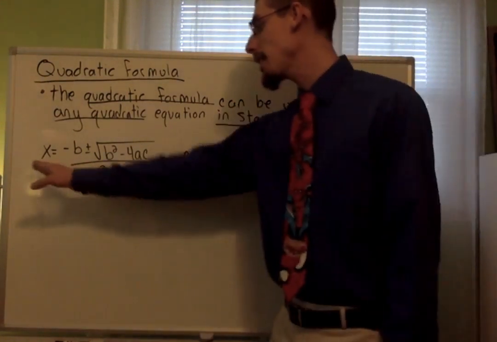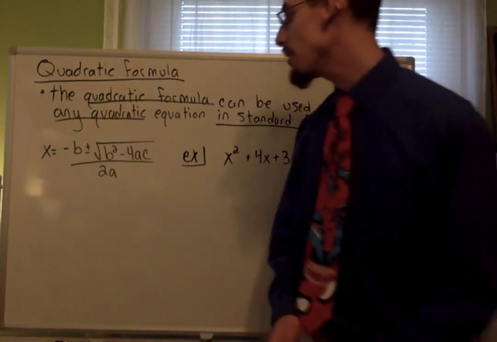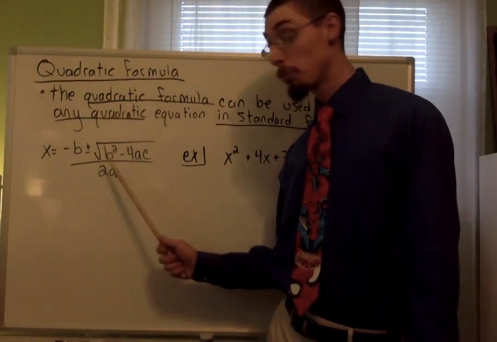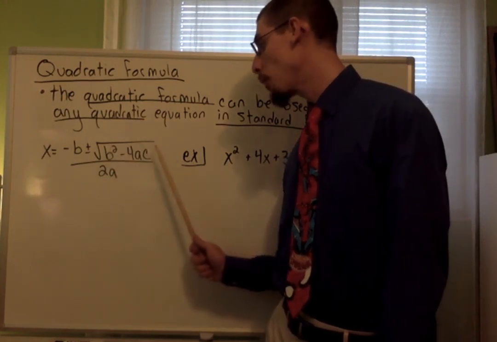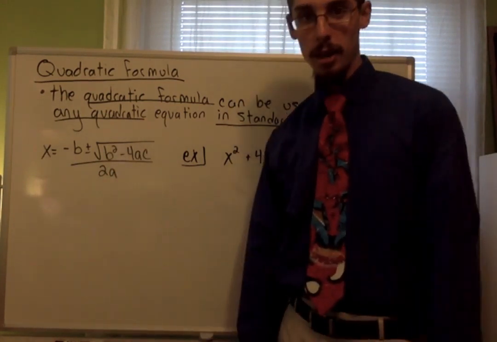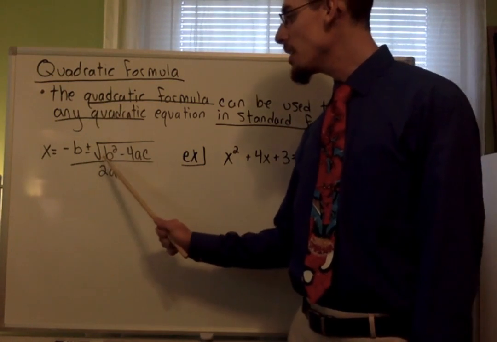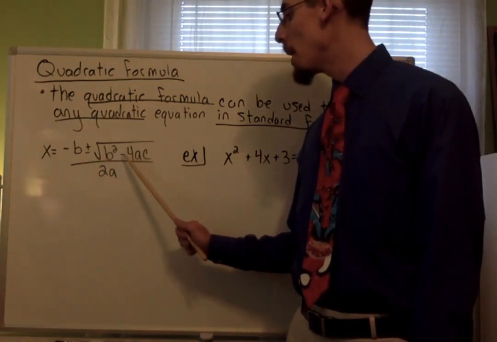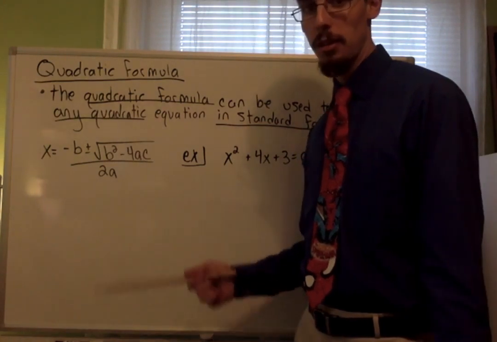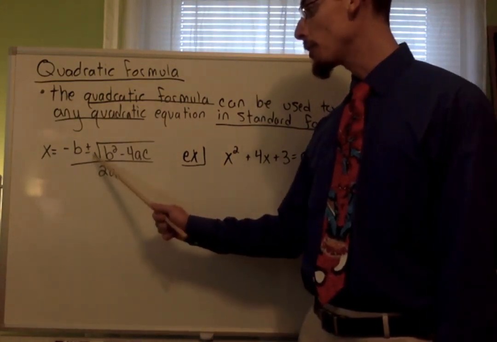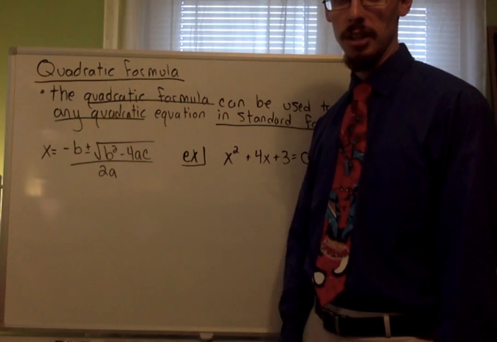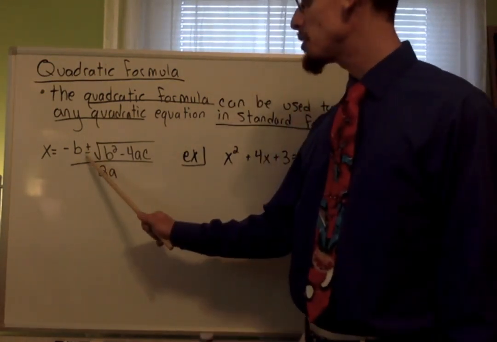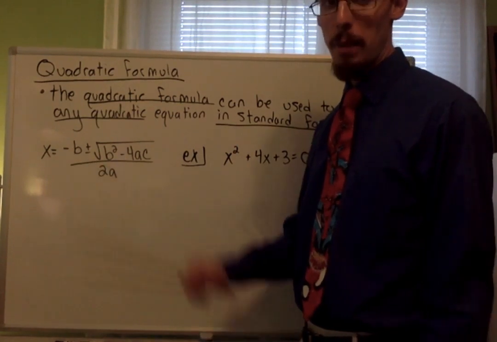So you have x equals negative b plus minus the square root of b squared minus 4ac all over 2a. So in the square root, you have b squared minus 4 times a times c. In front of the square root, you have a plus minus sign. If you've never seen that before, that just means it's both plus and minus.